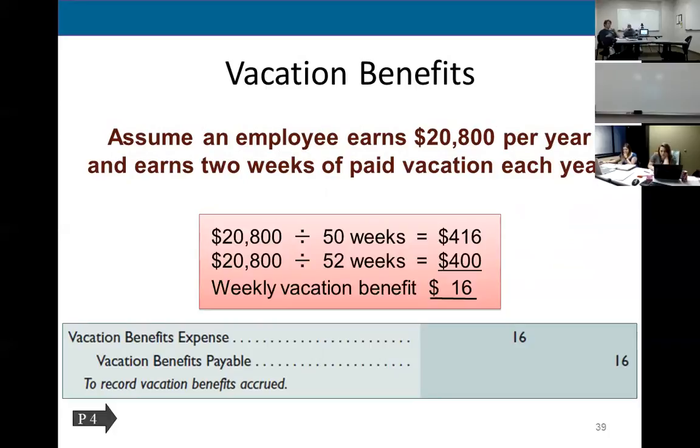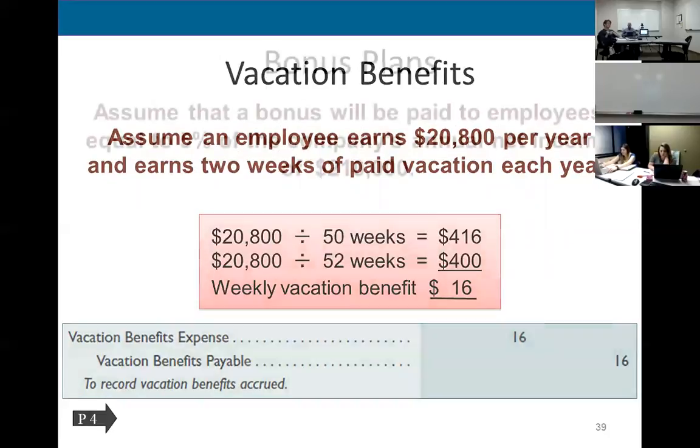Their average weekly wage would be, spread over 52 weeks in the year, $400. But if we spread that over the vacation, deducting 2 weeks, we get $460.